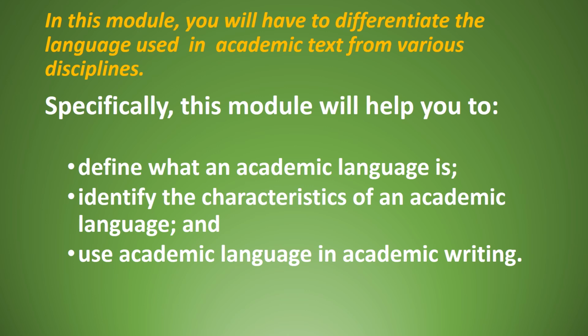Indeed, you will be tasked to write an academic text using the proper words in terms of academic writing. These are some of the objectives that we are going to pursue in our journey in this lesson.